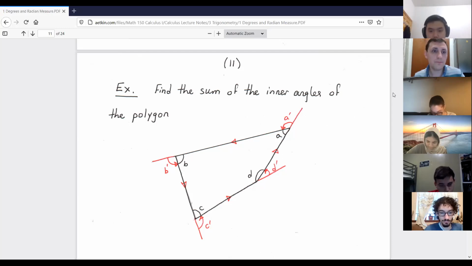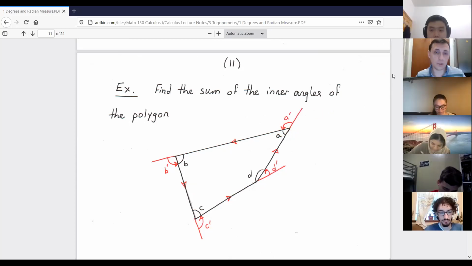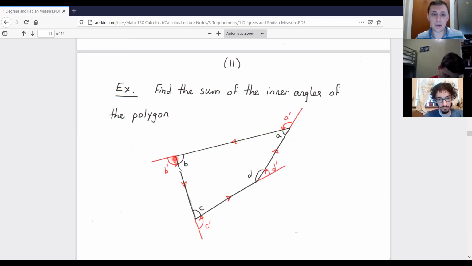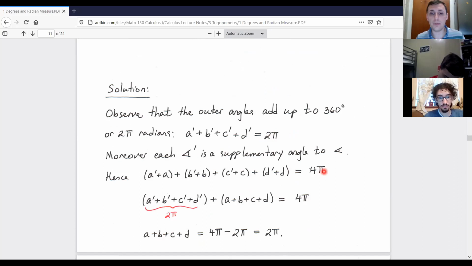Full revolution. Now, what else do I know? I know that the sum of inner and outer angles, because they lie on a line, is half a circle. So that's pi. Good? So what do we have? We have pi plus pi plus pi plus pi. We have 4 pi altogether. And subtract from it the sum of the outer angles, which is 2 pi.